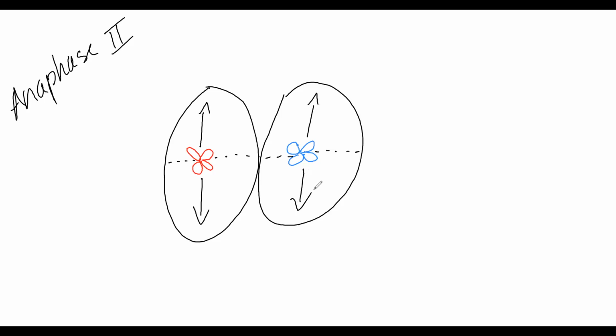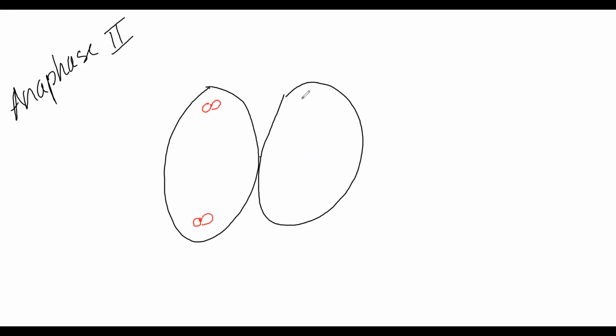So now what we have is an interior cell that looks like this. So now I have a sister chromatid here, a sister chromatid here, a sister chromatid here, and a sister chromatid here.